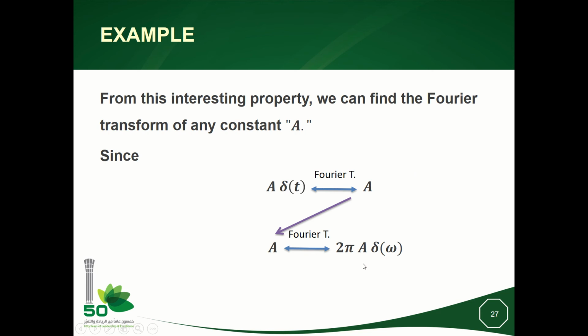And this gives this interesting result: any constant a has a Fourier transform equal to 2 pi a times the Dirac function in the frequency domain.